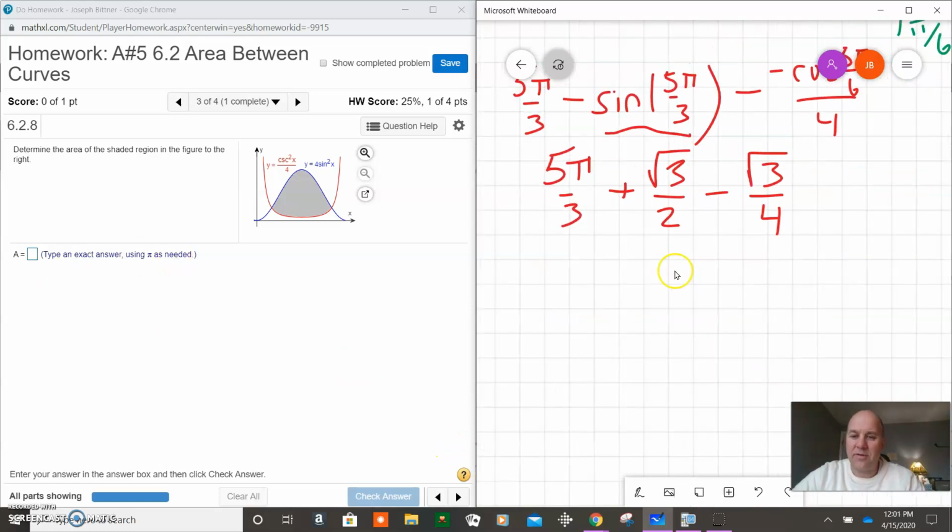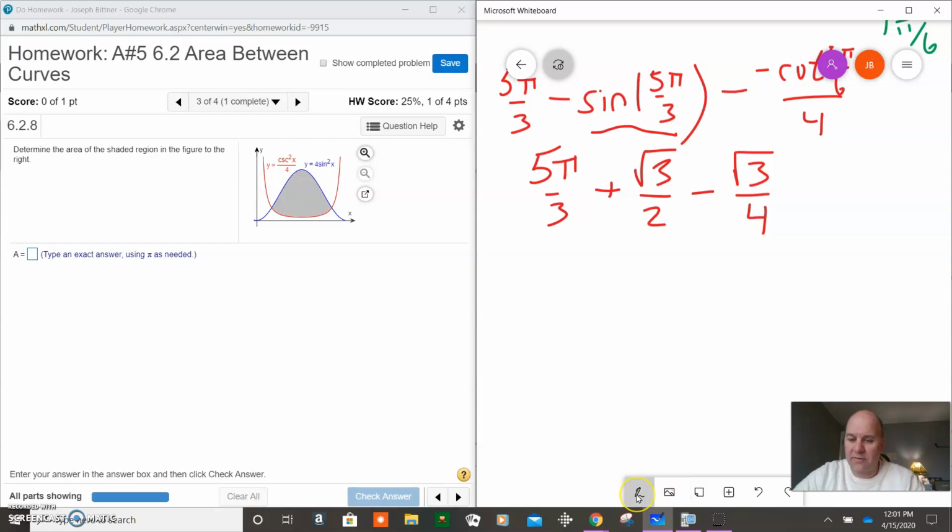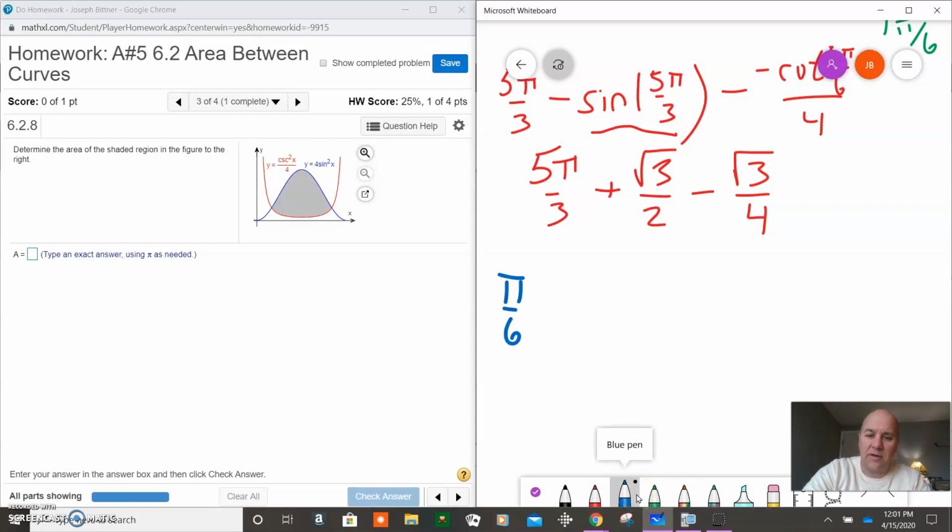All right, let me do the second half with pi over 6. So the second part with pi over 6 is going to be pi over 6 minus sine pi over 6. Oh, I got to take 2 times this. That's right. So 2 times this.